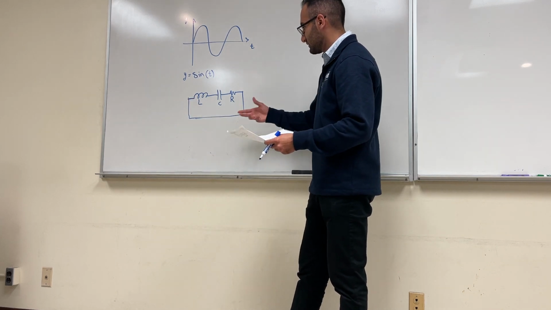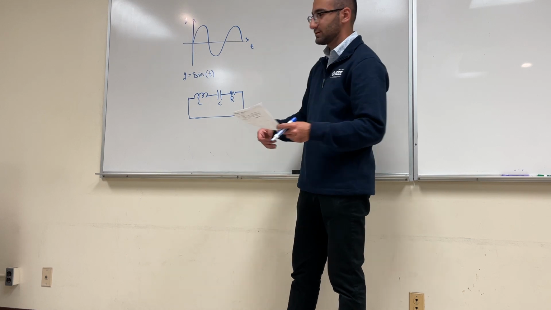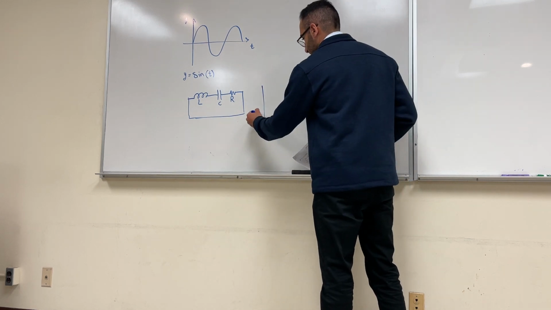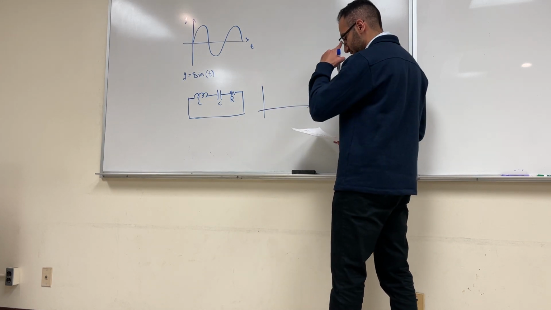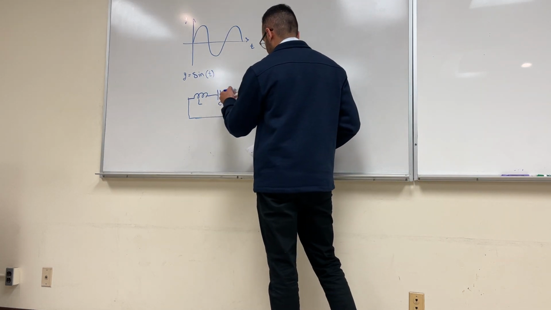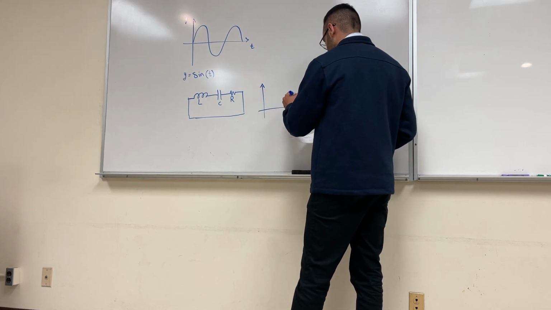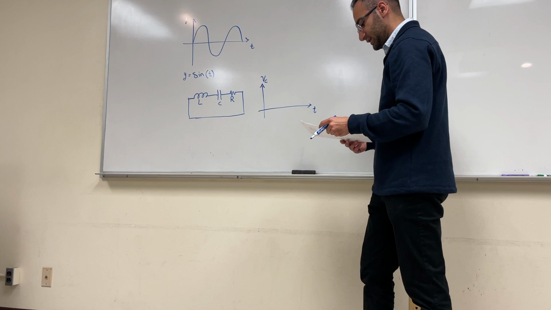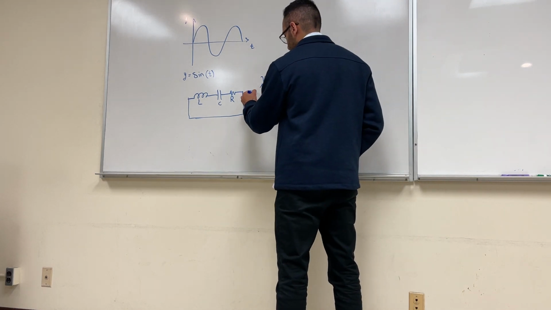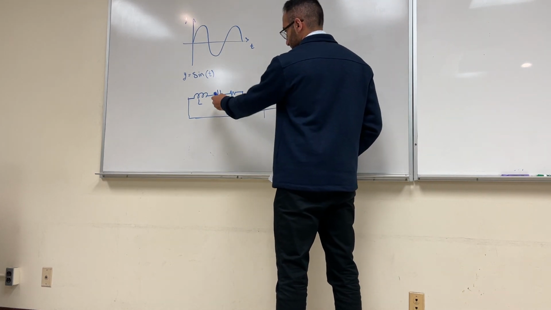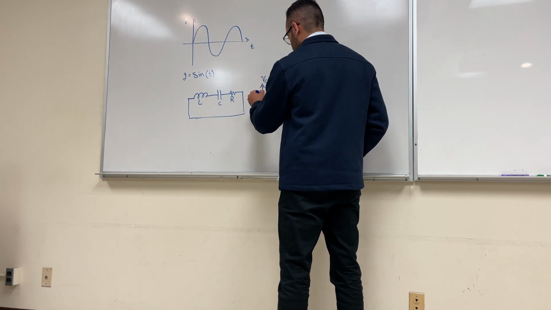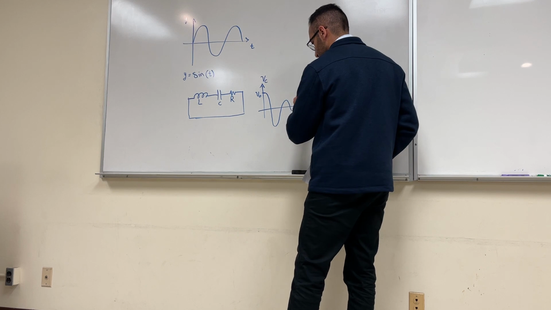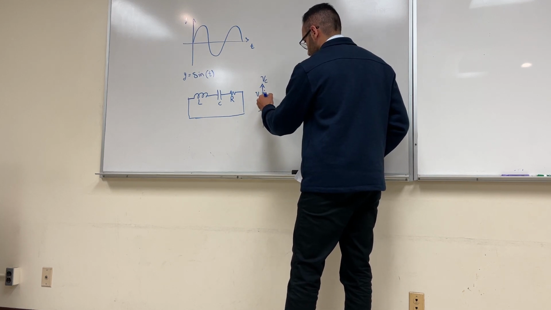However, there's always some resistance in the circuit which acts as a damping parameter. So if we draw, let's say we are measuring the voltage across this capacitor, V capacitor as a function of time, what's going to happen is that we start at a certain charge, which gives us a certain voltage, and then it's going to go down, and then slowly with time, it's going to have an exponential decay.